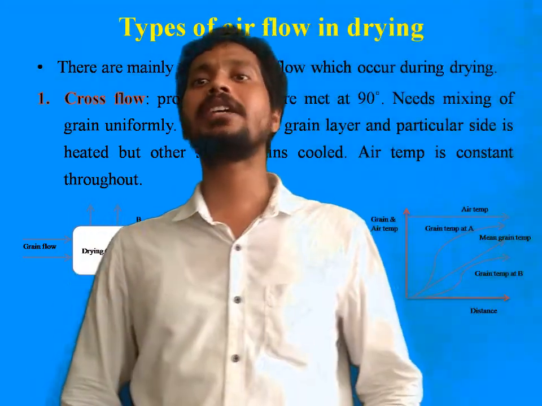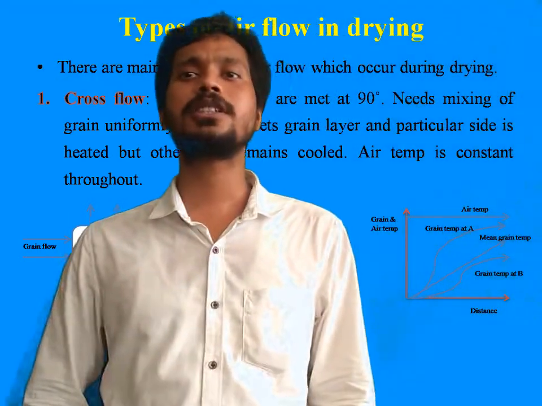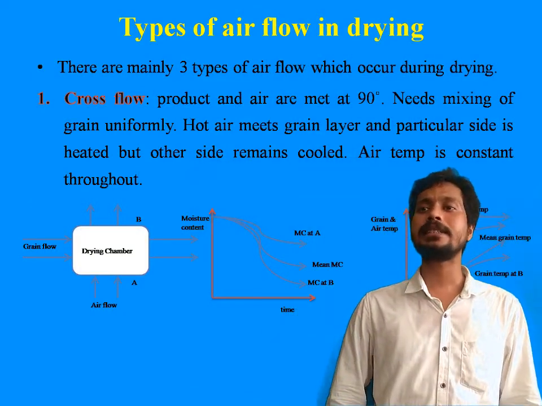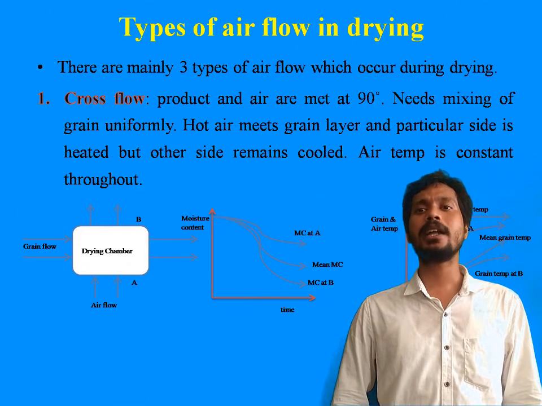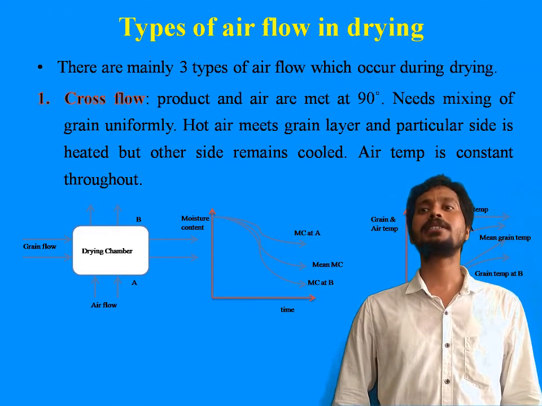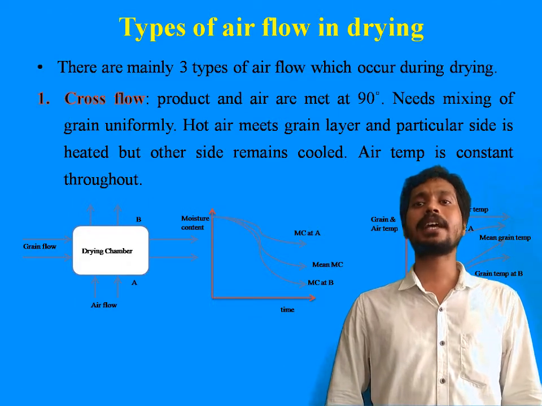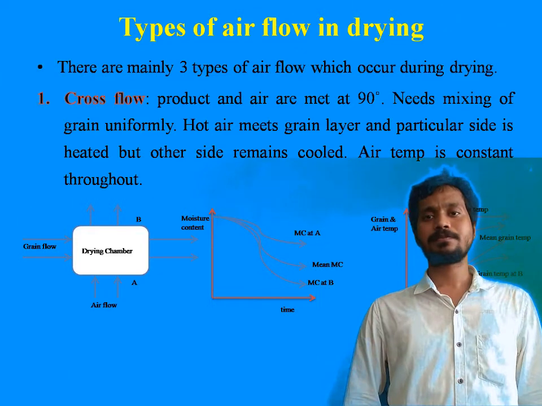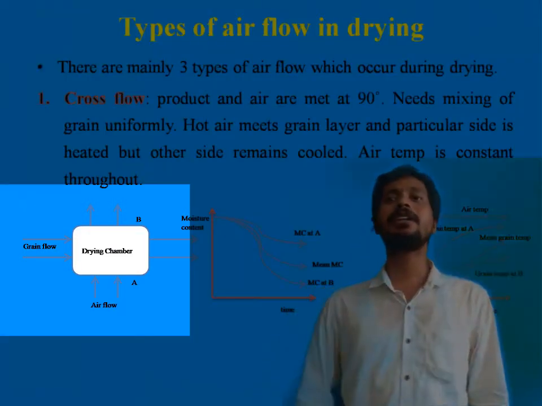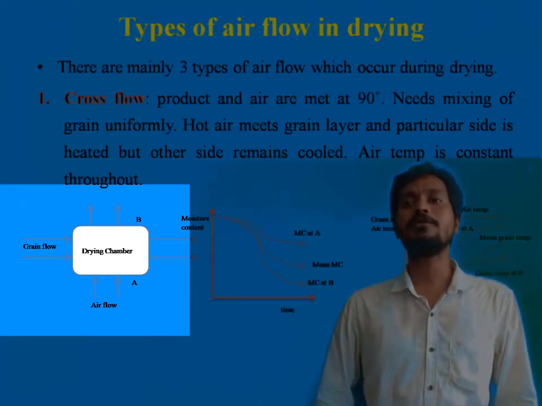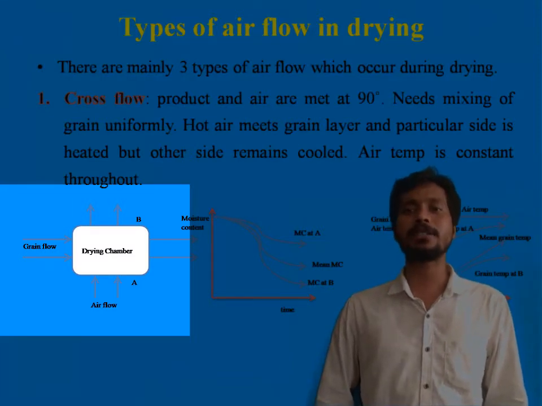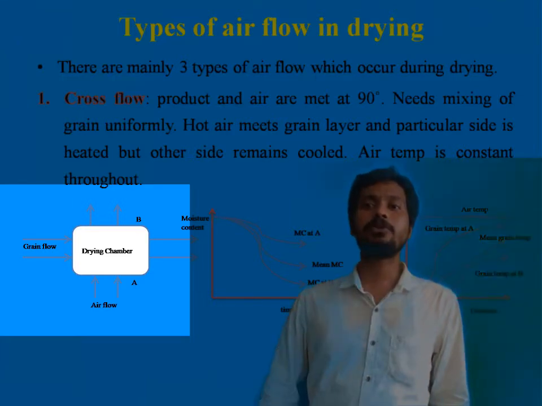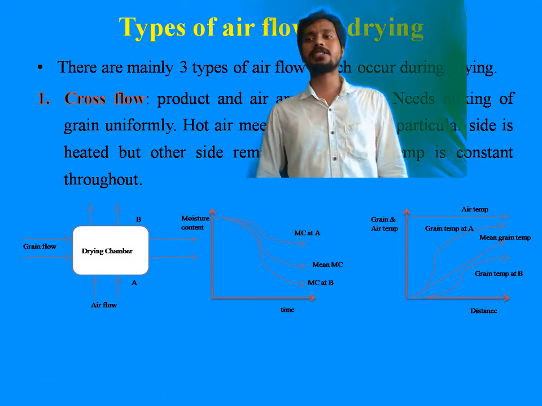So there are mainly three types of airflow which occur during the drying process. Cross flow: in cross flow, product and air meet at 90 degrees, which needs uniform mixing of the grain. Hot air meets the grain layer and a particular side of the grain is heated but the other side remains cool. Here one diagram is given, with grain flow and air flow passing at a 90 degree angle, and we have plotted a graph of moisture content versus time.